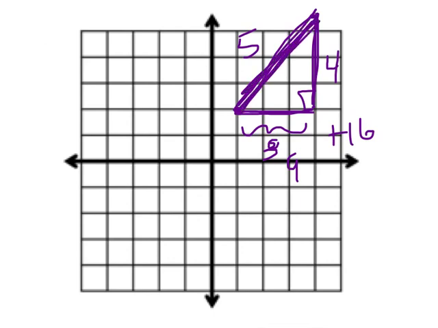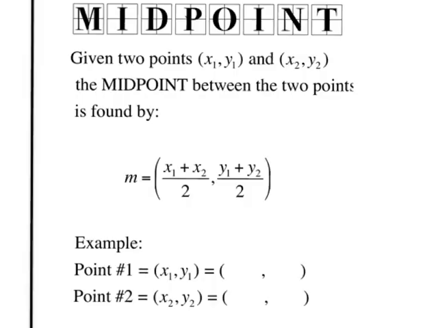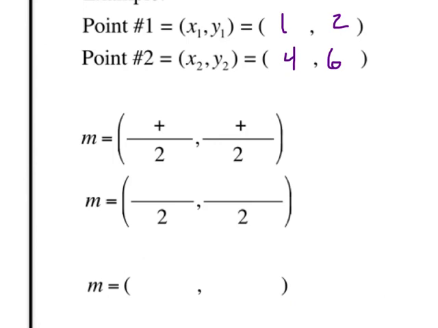Now let's look at the midpoint. We're going to look at the midpoint between those same 2 points, (1, 2) and (4, 6), and plug that into our formula. For midpoint, we add our two x values, and it doesn't matter which way you're adding them.